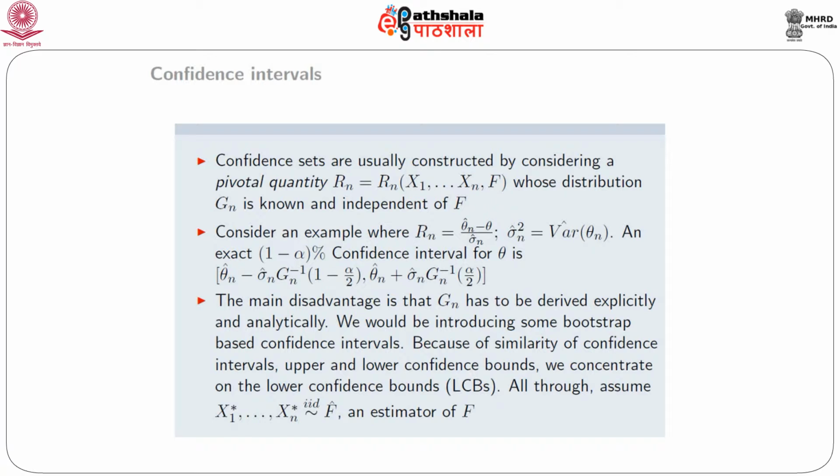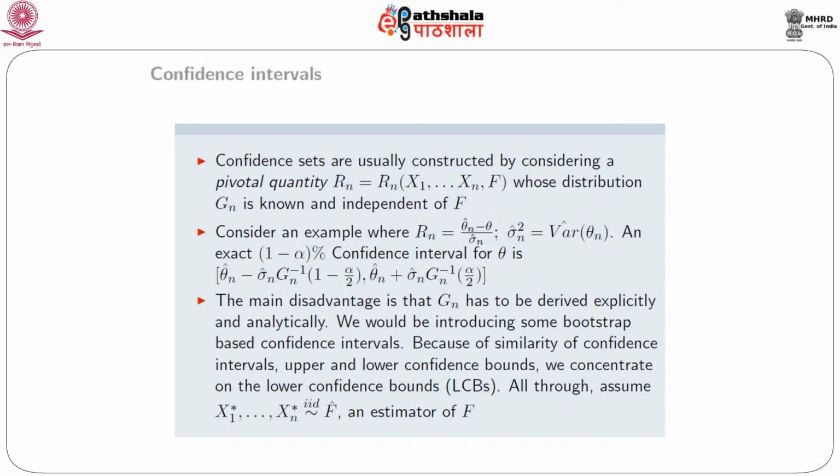Now, the main disadvantage here is that Gn or any of the limit needs to be derived analytically and explicitly, whereas for bootstrap confidence sets this can be derived computationally.